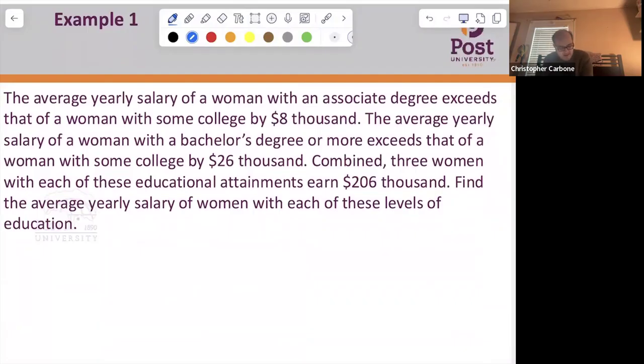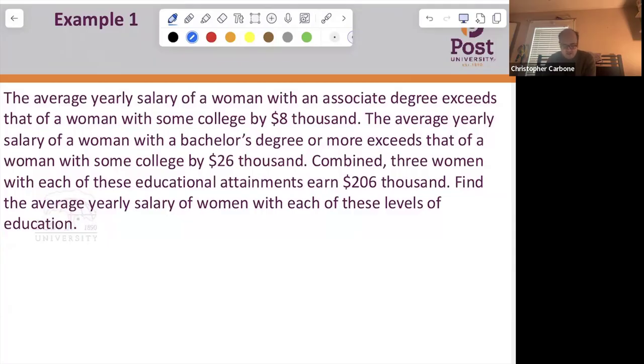So let's say the average yearly salary of a woman with an associate's degree exceeds that of a woman with some college by $8,000. The average yearly salary of a woman with a bachelor's degree or more exceeds that of a woman with some college by $26,000. Combined, 3 women with each of these educational attainments earn $206,000.